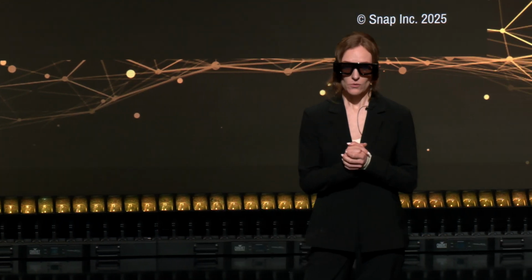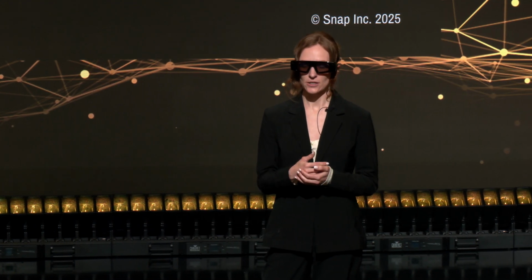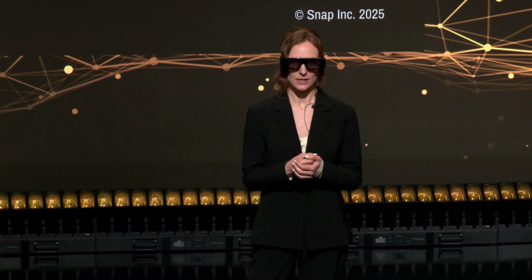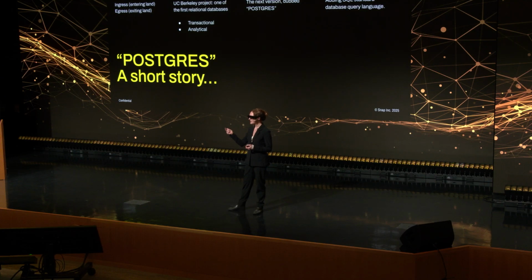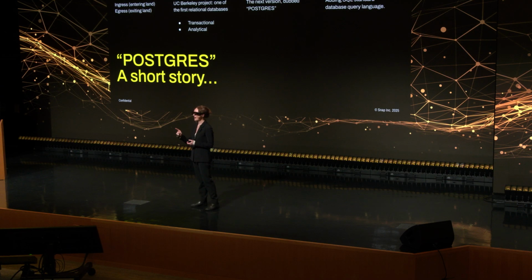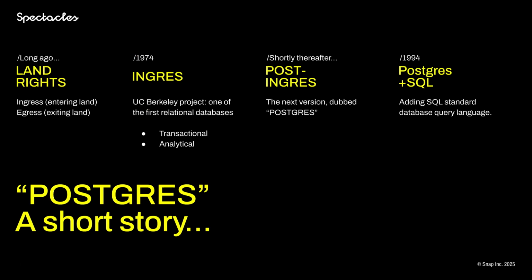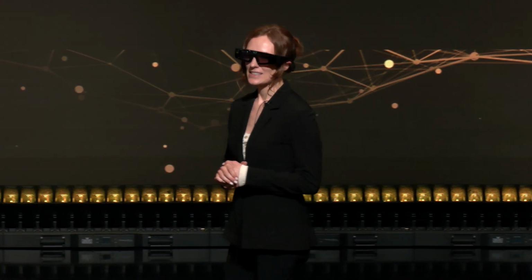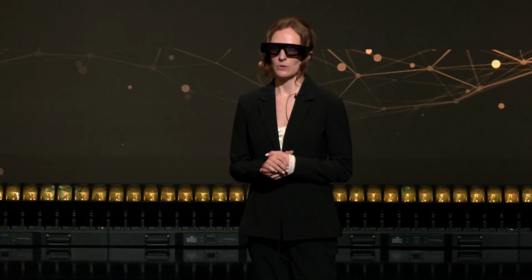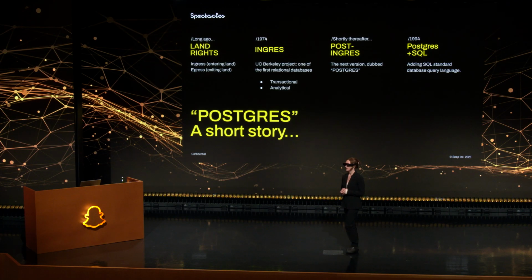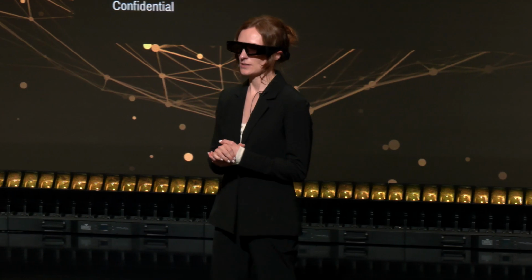What it was known for was its hybrid transactional and analytical capabilities. Later, a team member said he would do that better, and he made another project called Post-Ingres. That became Postgres, basically. In the 1990s, the database query language SQL had become standardized and was added to Postgres by default. So Postgres usually means PostgreSQL, but I think people mostly say Postgres.